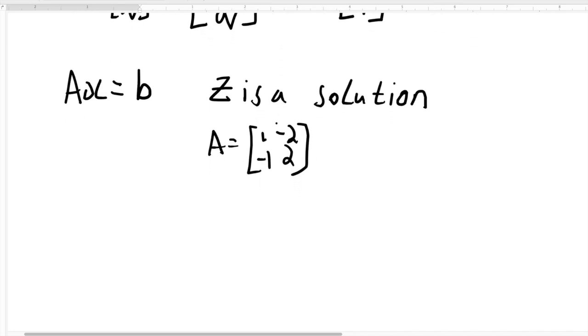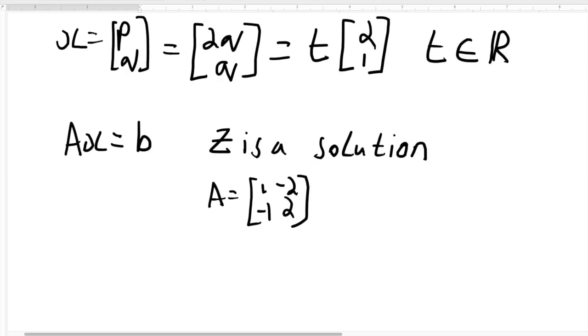So let's say z is a solution to our equation. And we want to know what are the other solutions to this equation, Ax equals b. In fact, all we have to do to get another solution is add any multiple of the vector (2, 1) to our solution z, and we'll straight away end up with another solution.